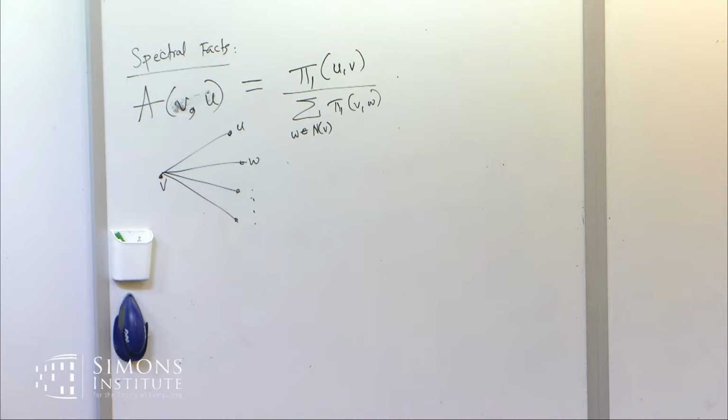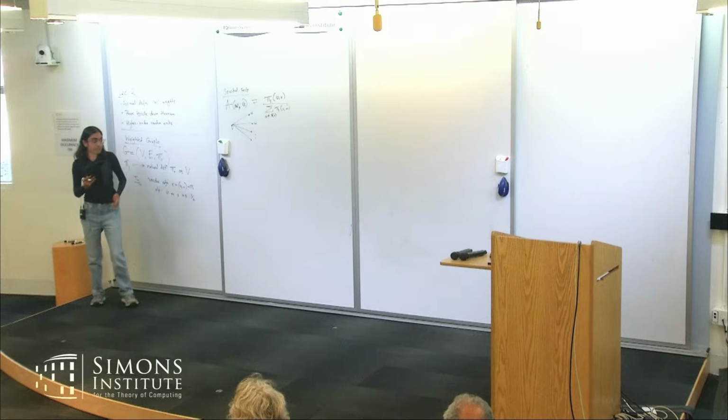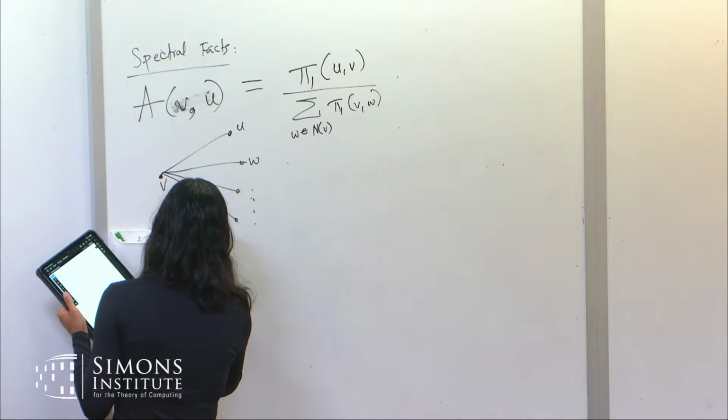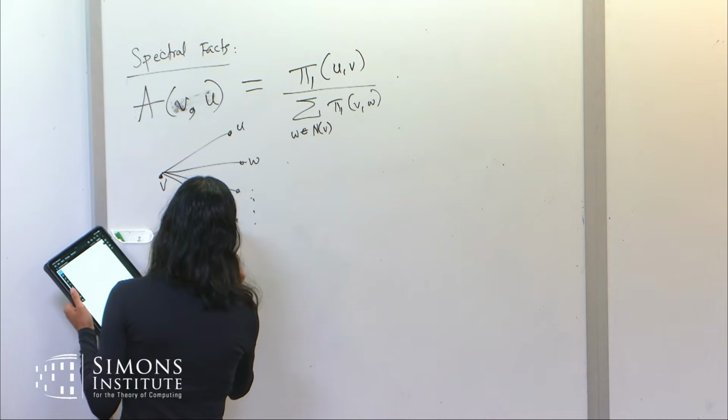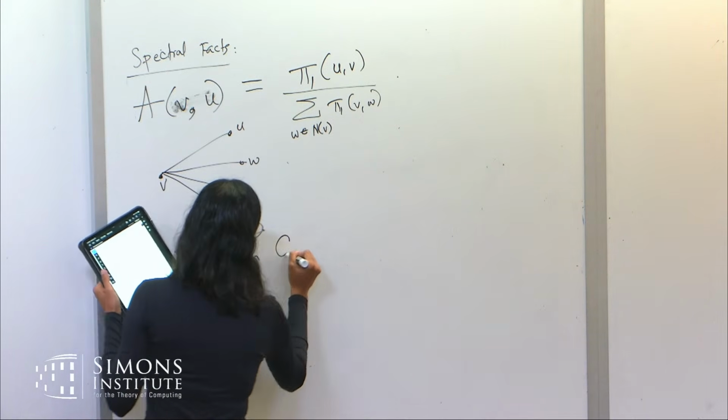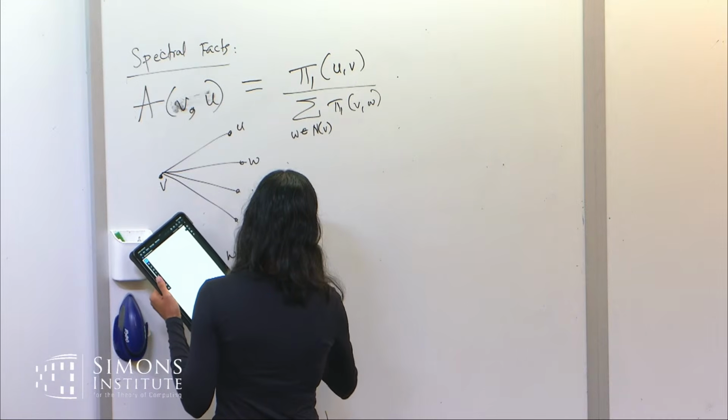Okay, so any questions about this? Pi 0 is just the sum of pi 1 over the edges touching V, proportional. Exactly, so let's just write it out.